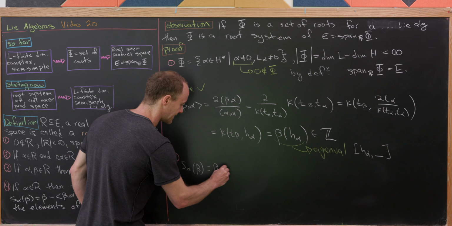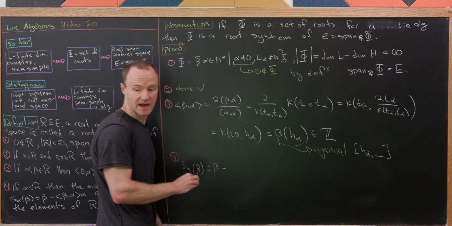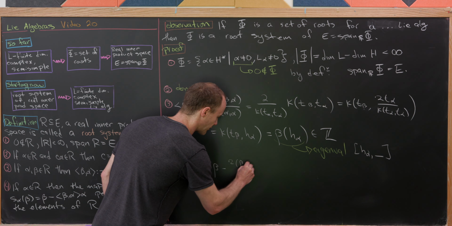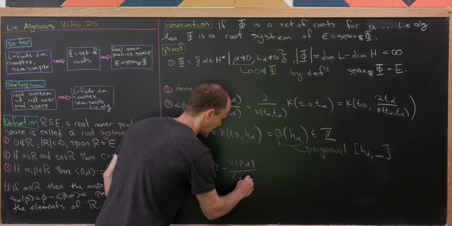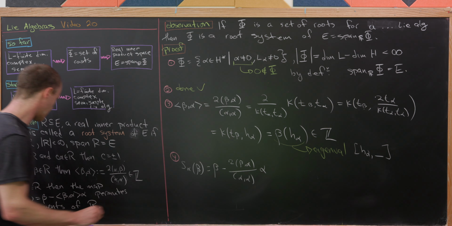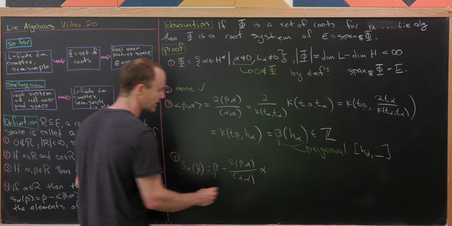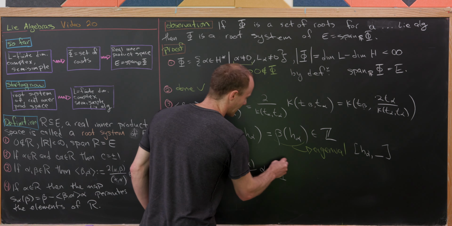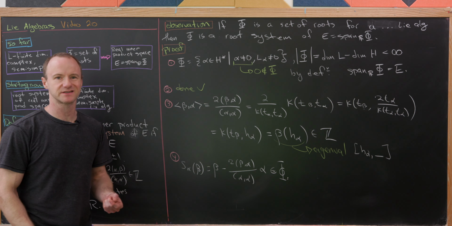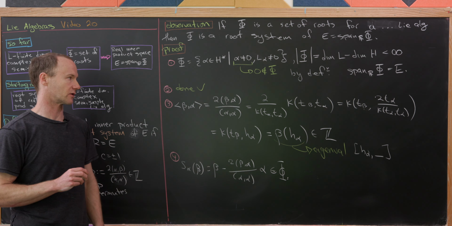So that's going to, by definition, turn into beta minus 2 inner product of beta alpha over alpha alpha in the alpha direction, where I just inserted, instead of these angle brackets, the definition of the angle brackets right here. But then a previous result showed that that was also a root. So there's nothing else to do there because, again, we proved that earlier.